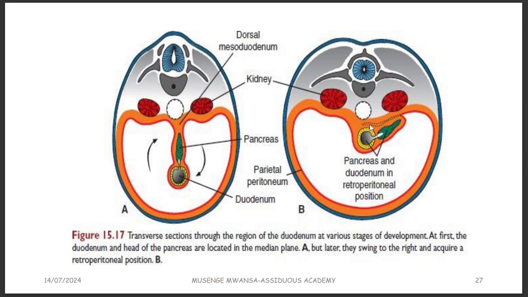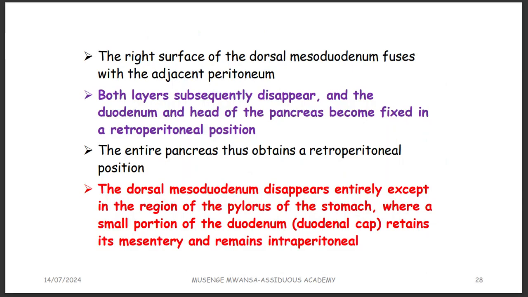So when the duodenum is looping, the head of the pancreas and the uncinate process will end up being enclosed by the duodenum. That's what we are explaining here. So the entire pancreas will obtain a retroperitoneal position.